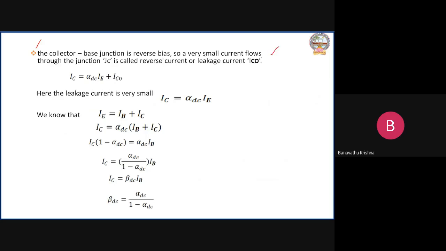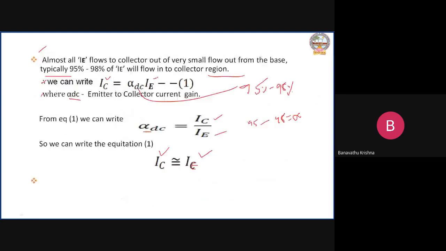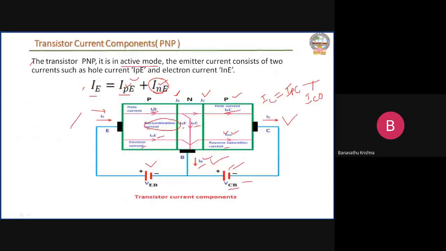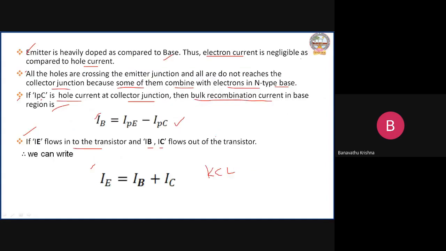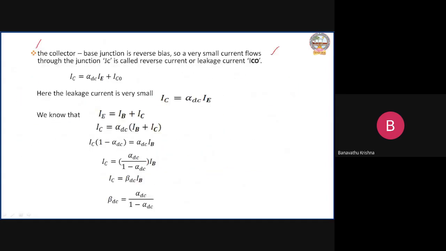As I told you, the junction is wider here, and there is also movement of charge carriers due to the minority charge carriers. That current is called the reverse saturation current. Let us see here, the collector base junction is reverse biased.